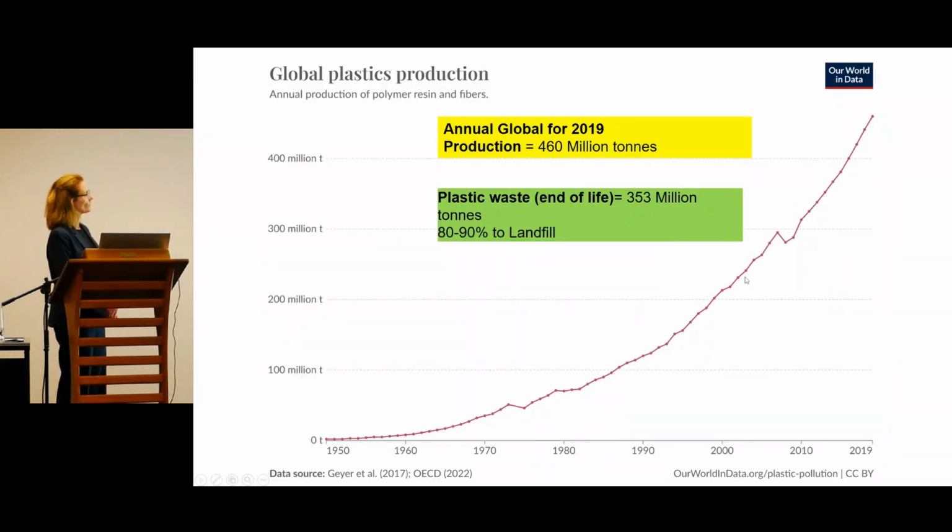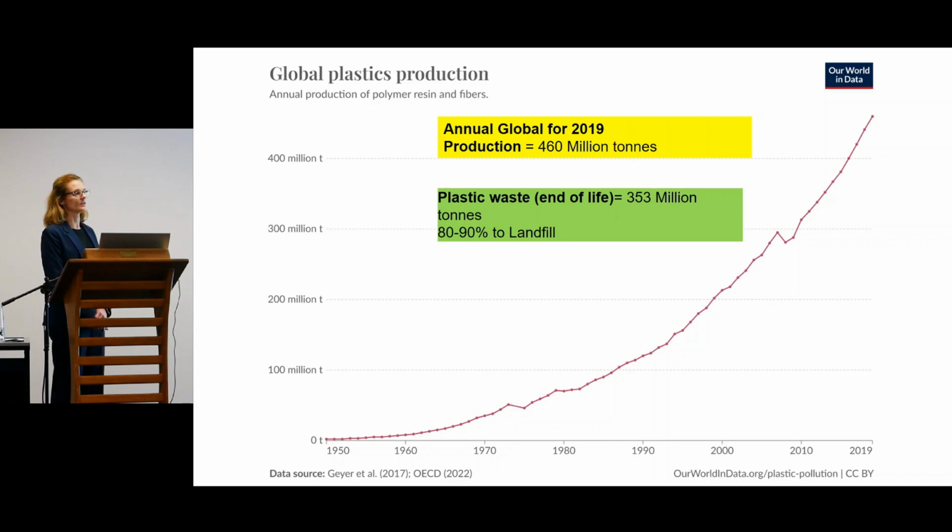You can see that plastic production rose dramatically over that period of time. 460 million tonnes was produced in 2019, and in that same year, 353 million tonnes of plastic waste reached its end of life.